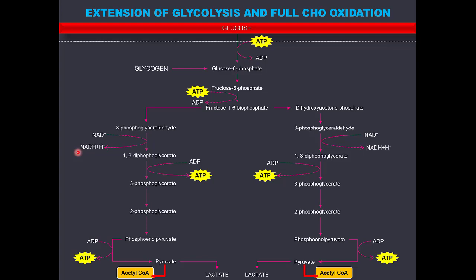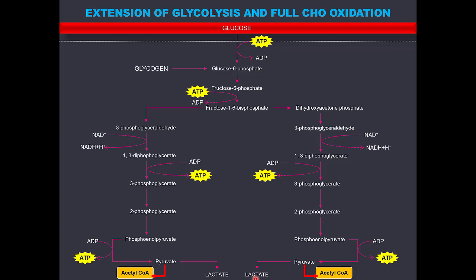So we also get 2 to 3 ATP, as you see right here, and then we end up here with pyruvate. We got pyruvate here and pyruvate here, so two pyruvates. Now, before, I said that fast glycolysis or the lactic system is when the pyruvate is converted to lactate. And that is it for that glucose 6-phosphate. You just get 2 to 3 ATP and a couple of lactates.